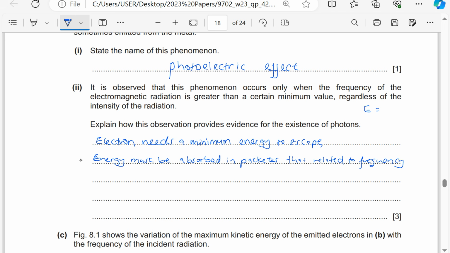Remember, the energy is equal to hf. The energy must be absorbed in packets that are related to frequency. And of course, the intensity only relates to the number of packets.